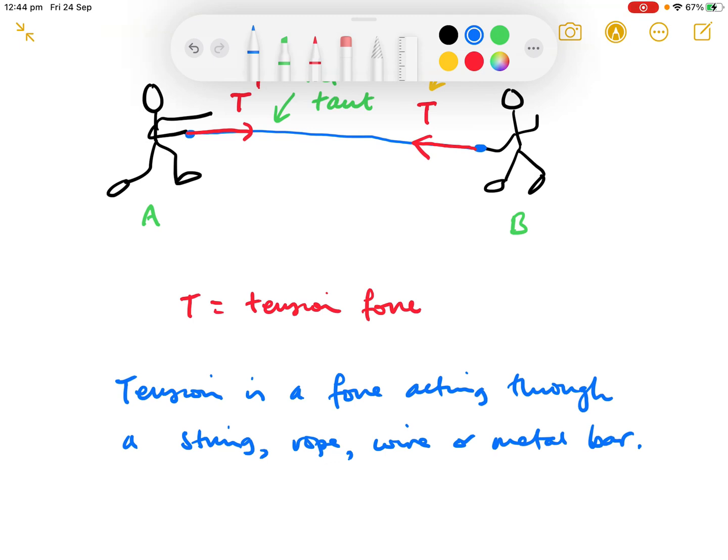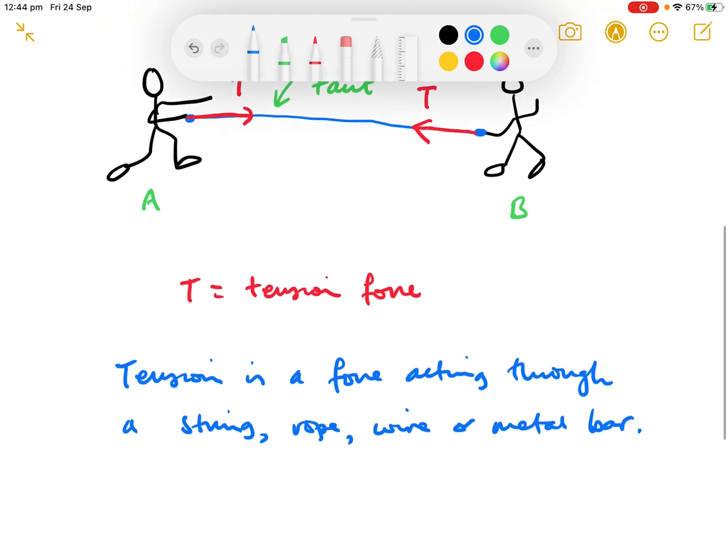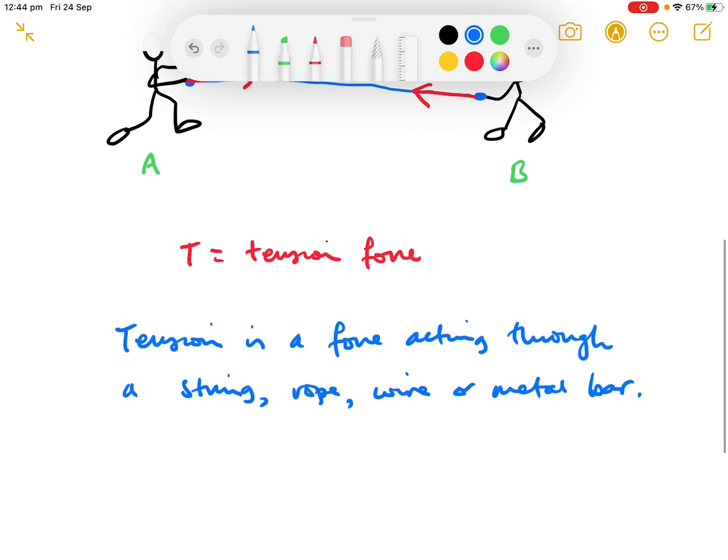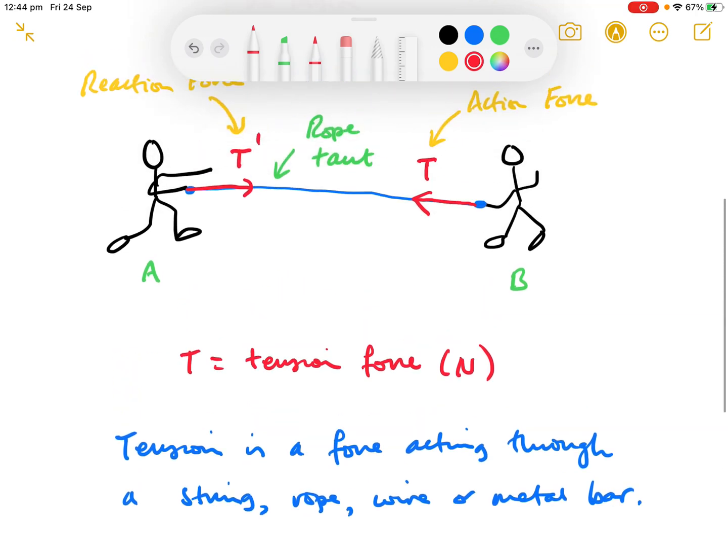Metal bars can carry tension. For example, in a car pulling a caravan, they're effectively linked by the tow bar and coupling, and that is a metal bar connection. The force is a force like any other force, so it's measured in newtons, and its symbol is T.